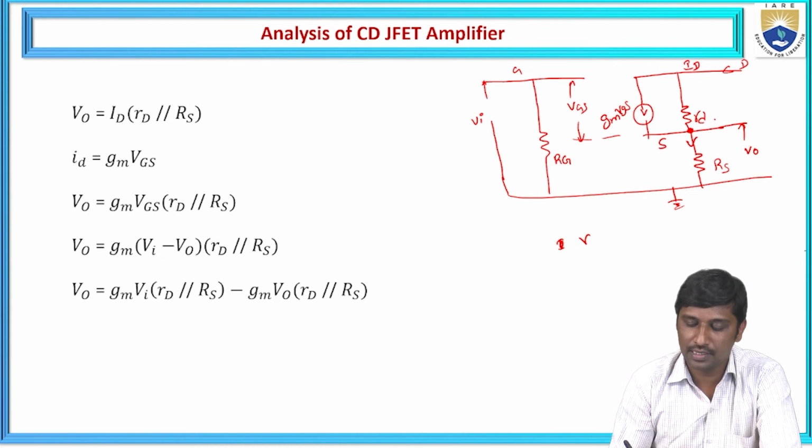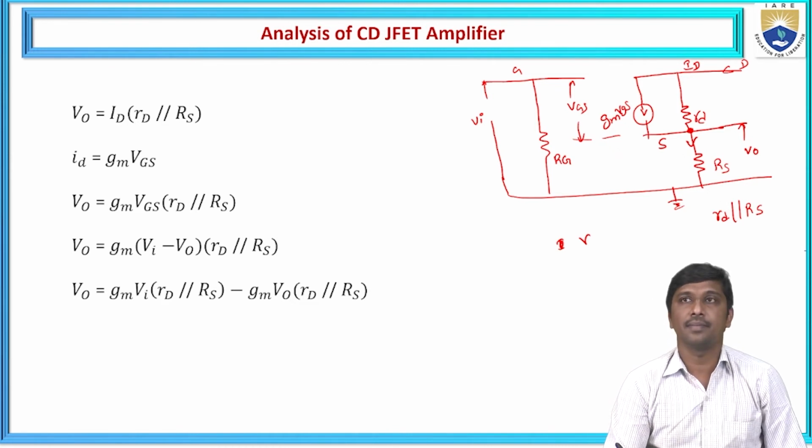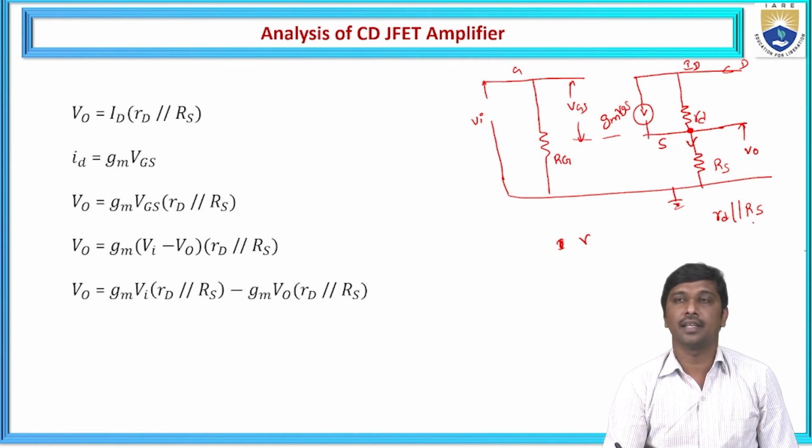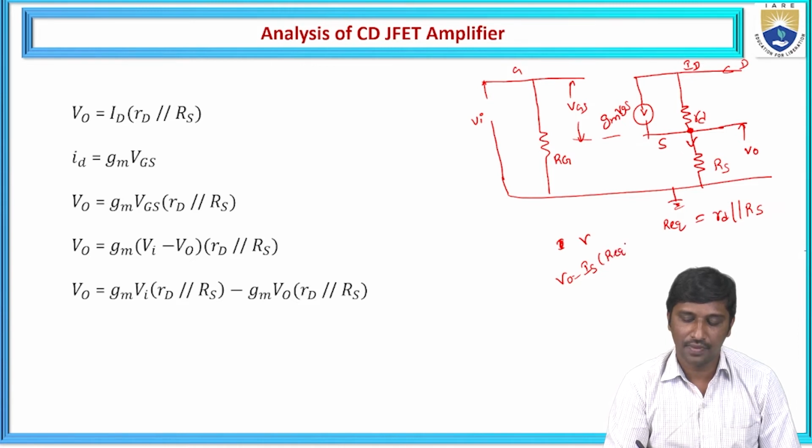We know this RD, the internal drain resistance, is in parallel combination with the external load resistance or source resistance. So generally, the current flowing across the source terminal gives V0 equal to IS into this equivalent resistance, which I represent as R equivalent.